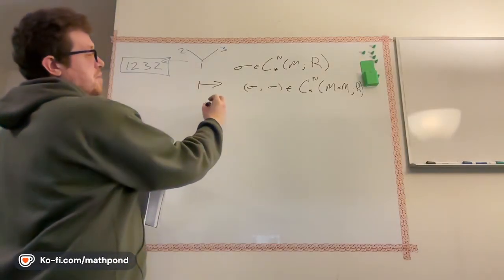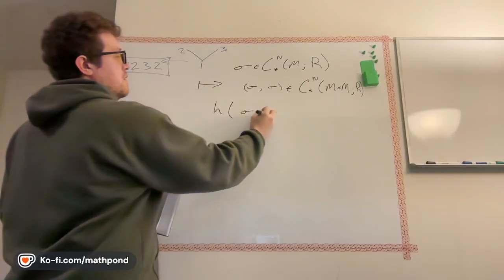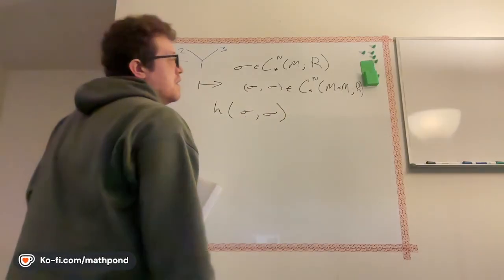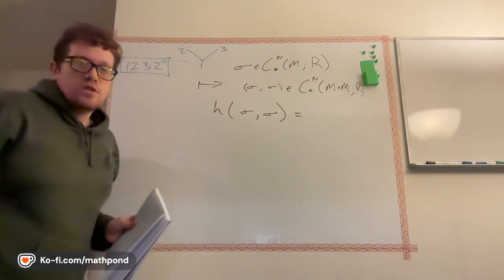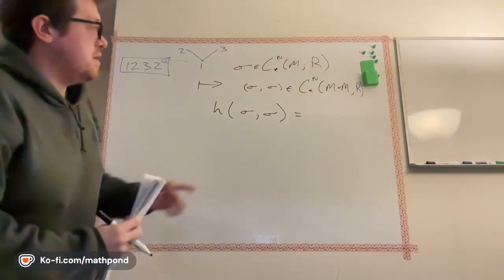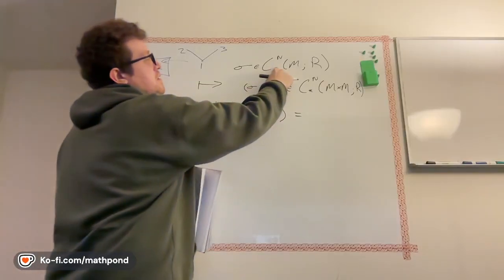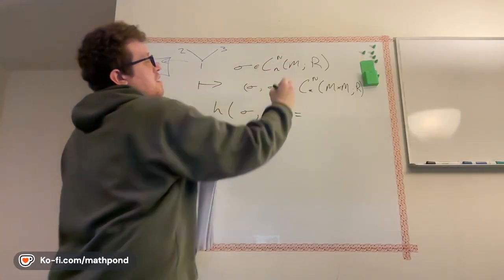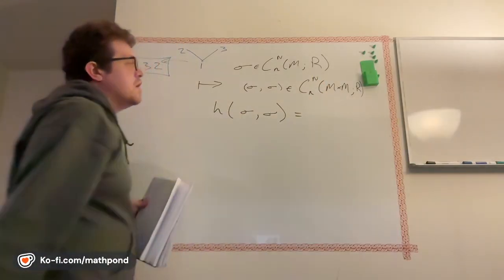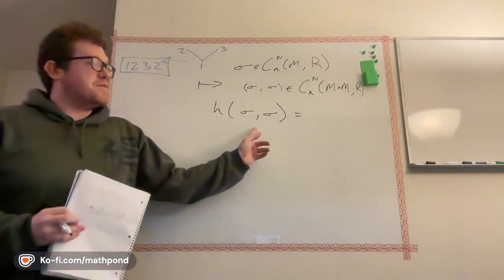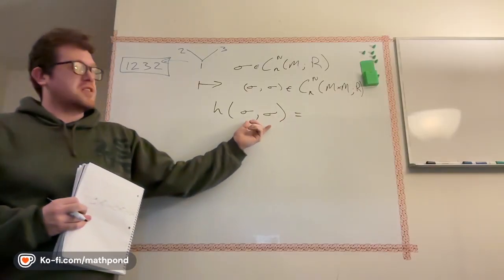Then here's the tricky part. Now we need to apply h to this. So sigma is a simplex. Let's say it's an n simplex, little n. So h of sigma comma sigma should be an n plus 1 simplex in the product space, right?